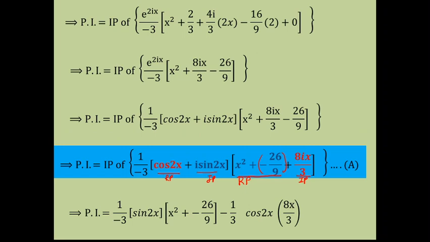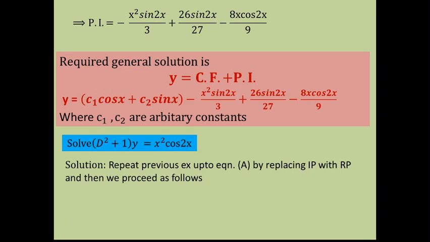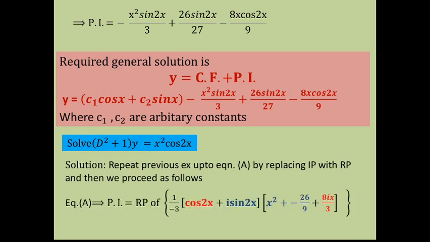So equation A is this, right, where we have multiplied the real part with the imaginary part and the imaginary part with the real part, right? So up to this step we will write this problem as it is with only one change, that in place of the imaginary part, as the cos function is a real part, we will write the real part. That is the thing one has to do, and then we will proceed as follows.